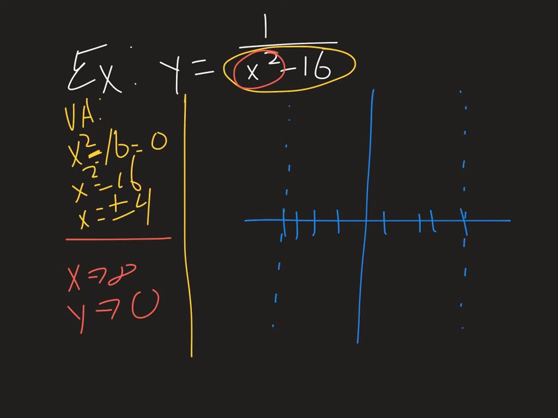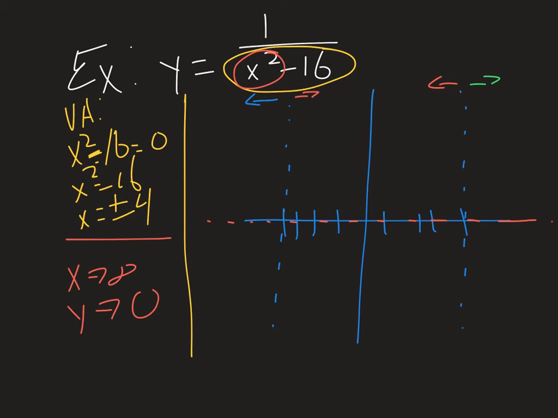It's never going to get there, but it's going to get closer and closer and closer. Okay, so I know that the axis line, again, is where I have my horizontal asymptote. Now I just have to figure out what happens to the right of 4, what happens to the left of negative 4, and what happens in the middle.